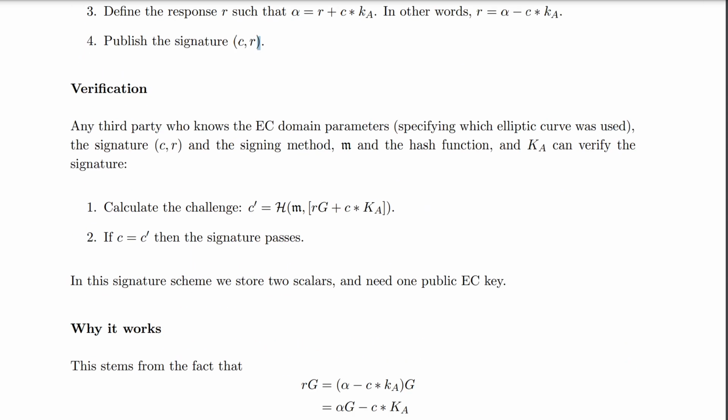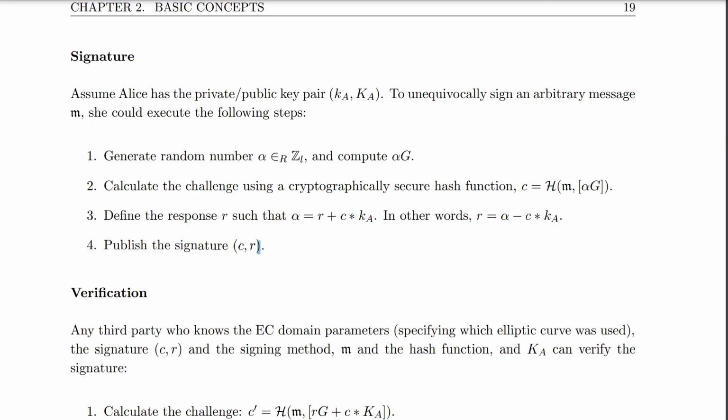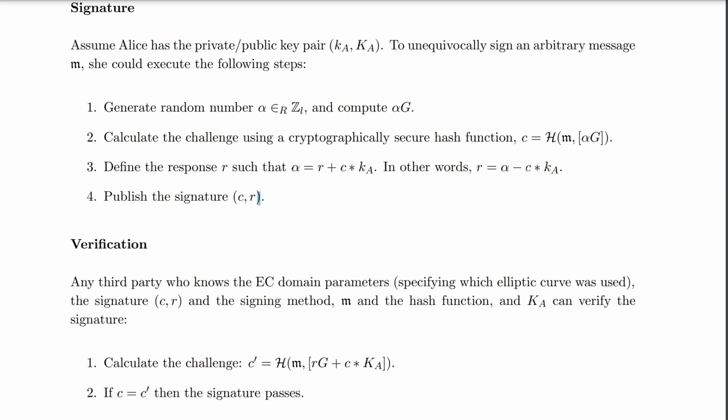So now any third party who knows the general setup that you're using, which elliptic curve and your generator point and all of that, which should be standardized for whatever you're publishing, and who has the signature and the hash function that you use, along with the public key, can verify the signature.